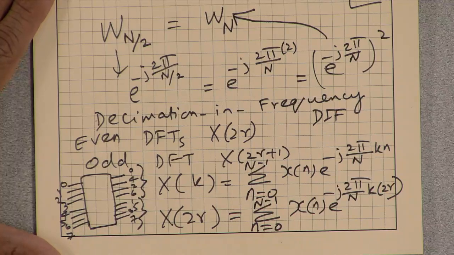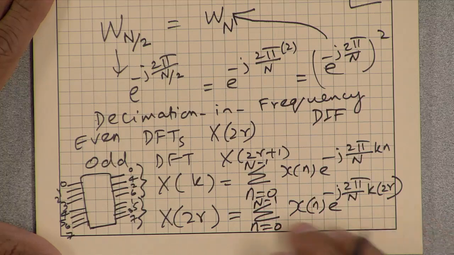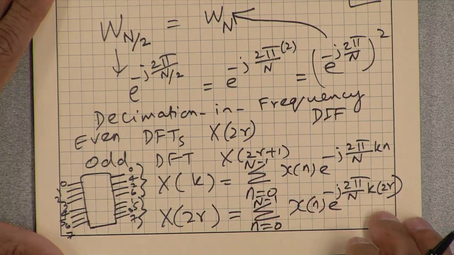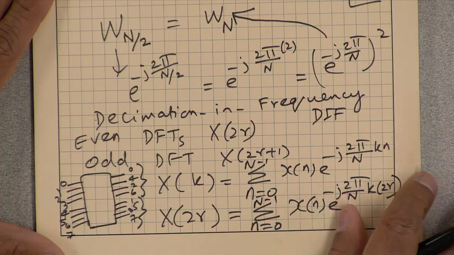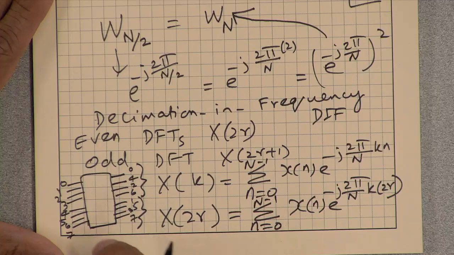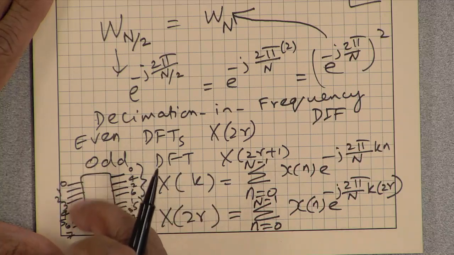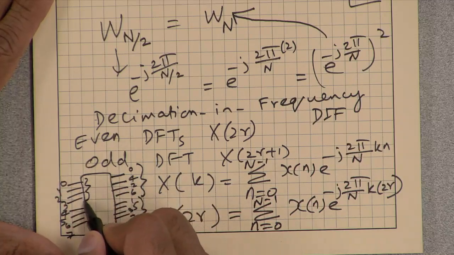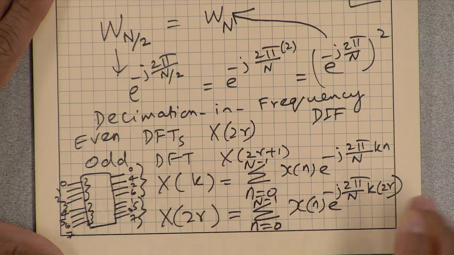So we are going to describe the sum again as two different sums. But in this case, the sum of the first N by 2 and next N by 2. So the order of the sequences in the time domain is in order.